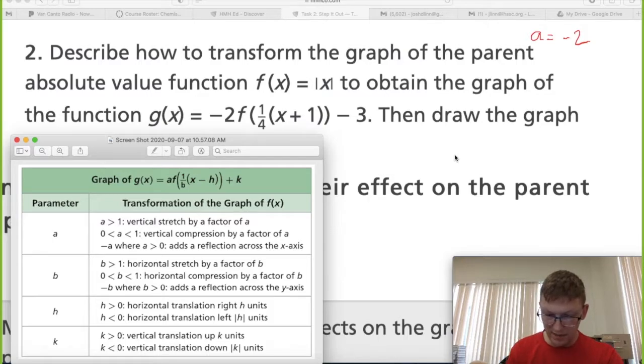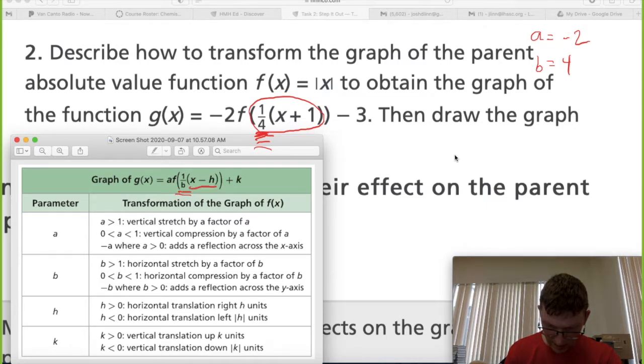So then inside of the function, we've got two things going on. We've got that 1/4, and then we've got the x plus 1. So inside of the function is 1 over b. So our b is equal to 4, because right here it's 1 over b. And then up here it's 1 over 4, so b is equal to 4. And then we've got x minus h.